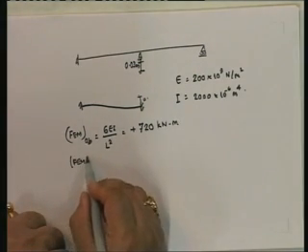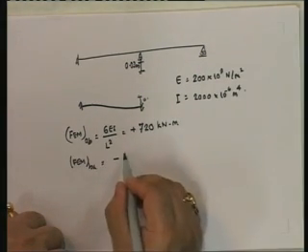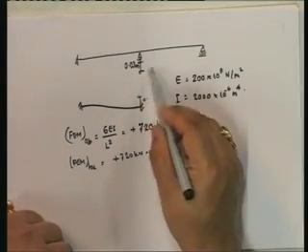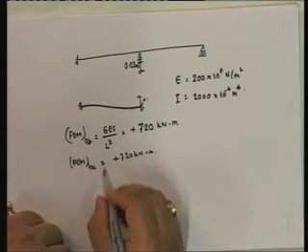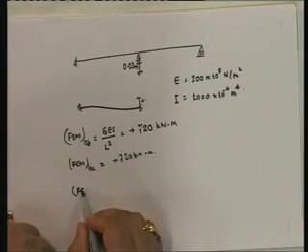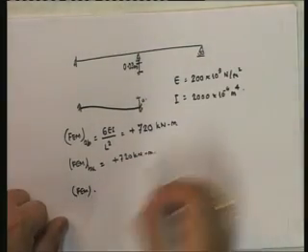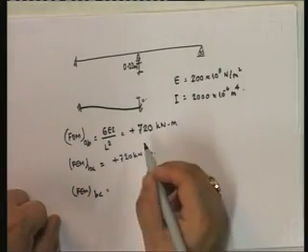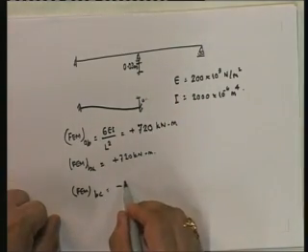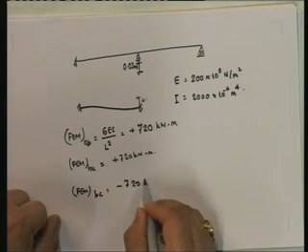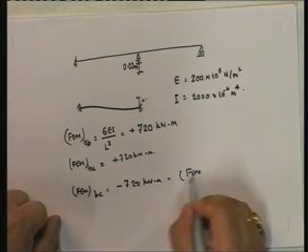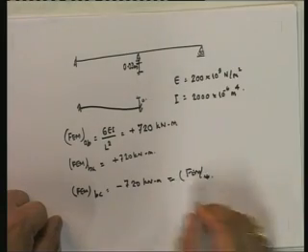Similarly, fixed end moment at BA was 720 kilonewton meter. At the other end, I'm going to consider it the same, so it's just the opposite. So you're going to have minus 720 kilonewton meter, and this is equal to the fixed end moment at CB.